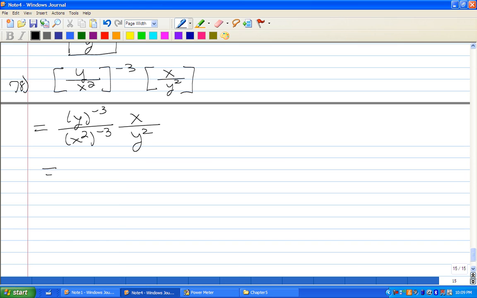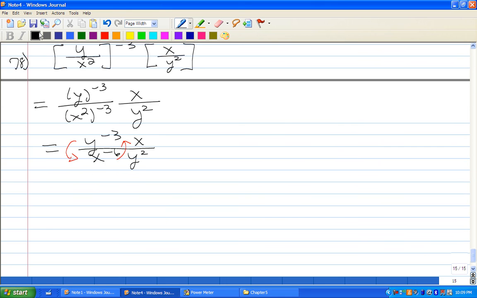And so this is equal to y to the negative 3 x over, again, I have a base to a power, so let's multiply exponents. 2 times negative 3 is negative 6, y squared. I have a negative exponent, so let's move this from the numerator to the denominator. Negative exponent, so let's move this from the denominator to the numerator.